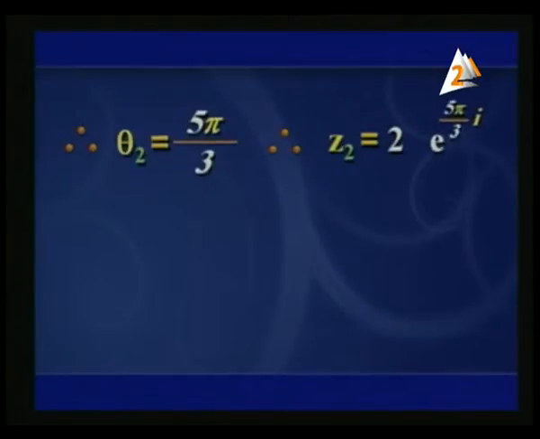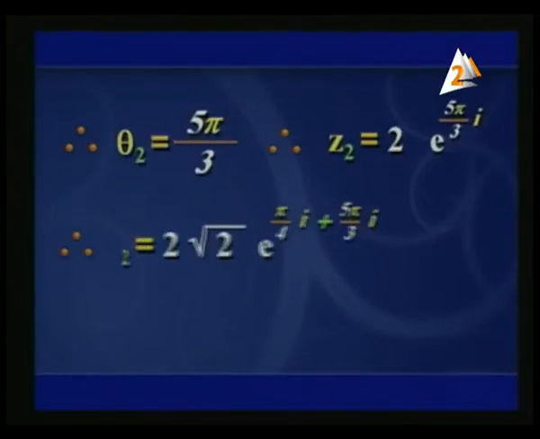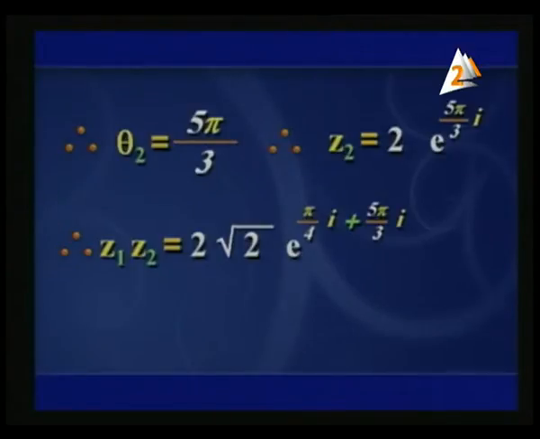Then z2 equals 2e to the power 5 pi over 3 i. Then the product z1 z2 equals 2 root 2 e to the power pi over 4 i plus 5 pi over 3 i, equals 2 root 2 e to the power 23 pi over 12 i.